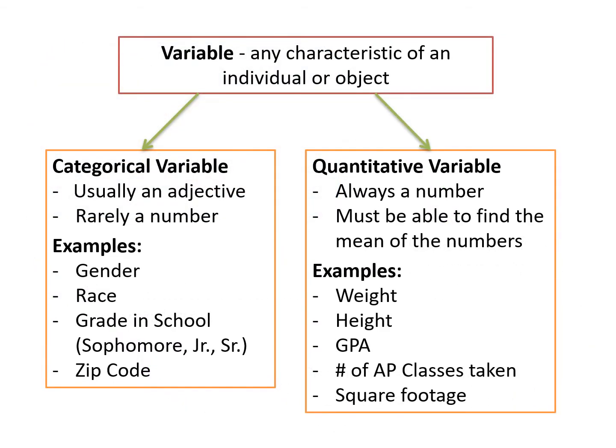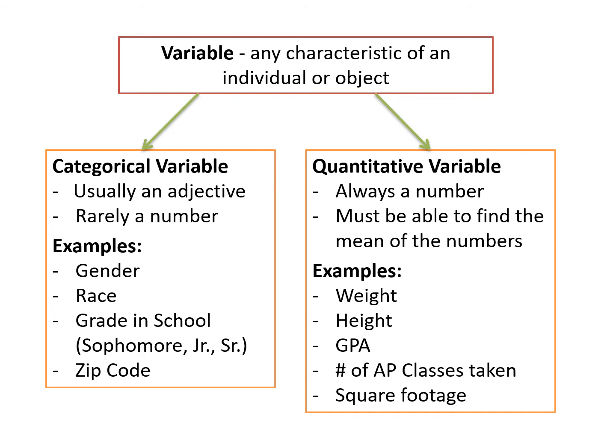The very first thing that we're going to learn specifically is the idea of a variable. This word means something different in stats than it does in other math classes that you've gotten used to. A variable is any characteristic of an individual or object. And we can split up variables into two major categories, the categorical variable and the quantitative variable.